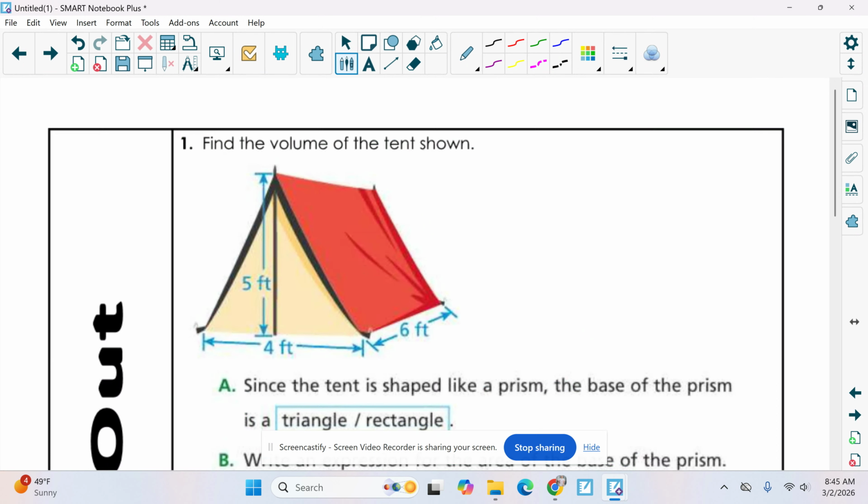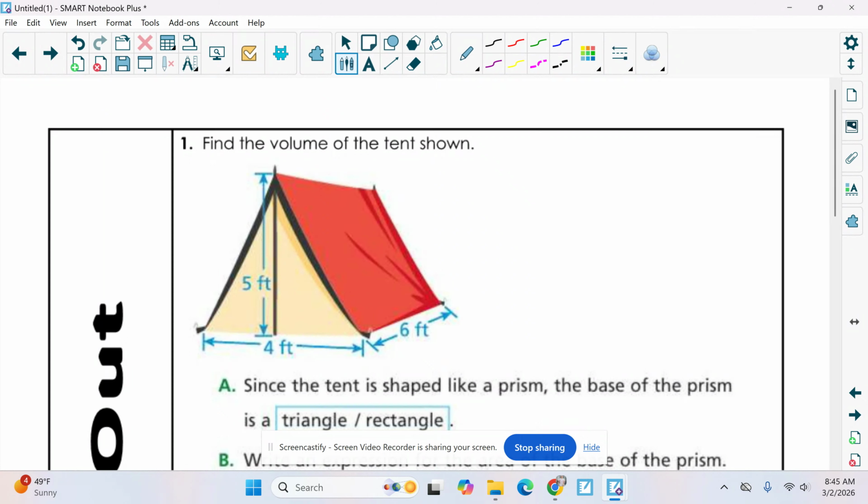Right off the bat, we have a tent. What is the shape of my base going to be just looking at this? Triangle. Remember when we labeled them on your shapes, these are the two bases, there's only going to be two, are the triangles. The triangles are wrapped in rectangles.